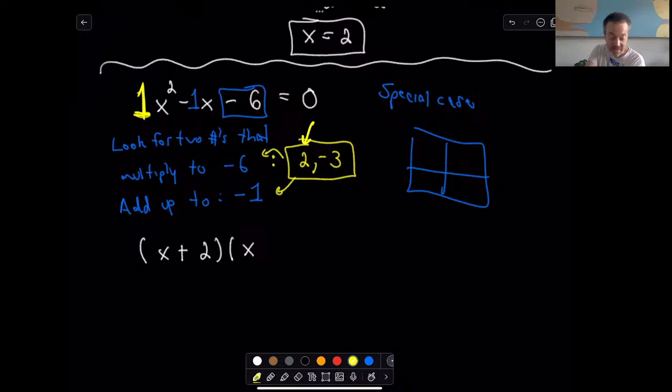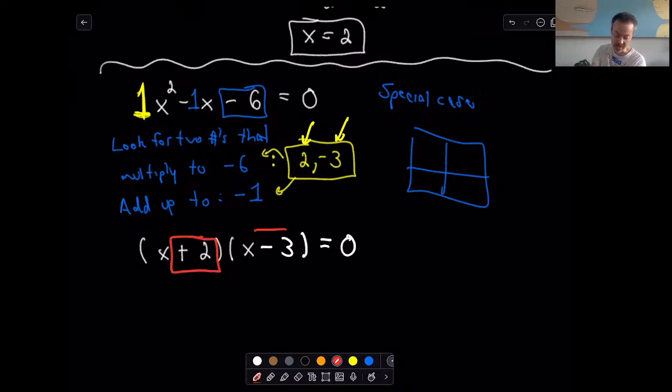So we take each of these numbers, and I'm just going to drop those two numbers in. So I have x plus 2 and x minus 3, and this is still going to be equal to 0. I just used those two numbers, positive 2 and negative 3. You can distribute all of this out to make sure you get things back.